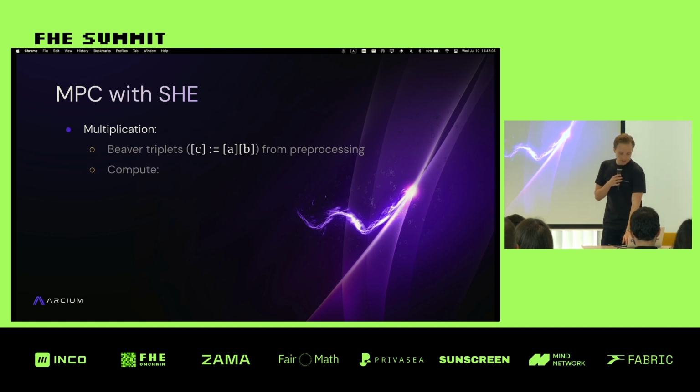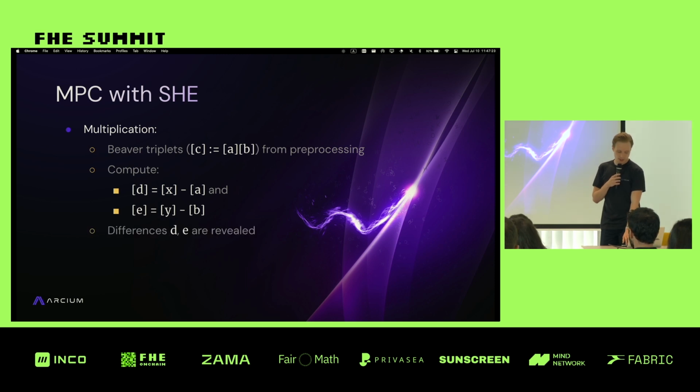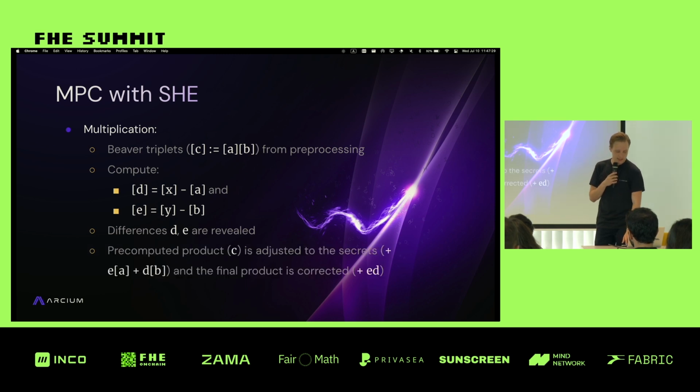And what's now being done is two values are being computed: a secretly shared value D and a secretly shared value E. X and Y are the values of which we want to compute the product. And you'll see in a second what we can do now. Those values are collectively being revealed amongst all the players using communication. And then we can compute this final product.